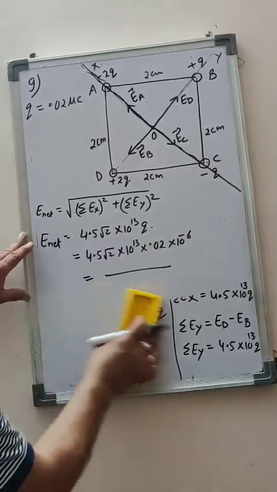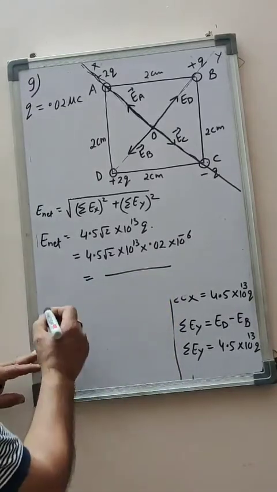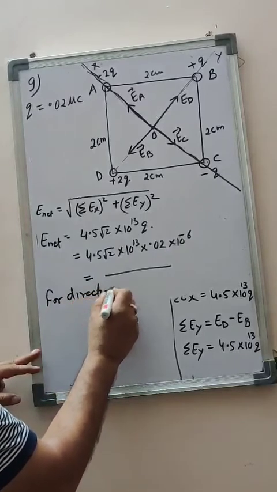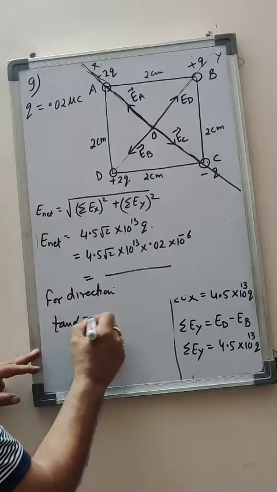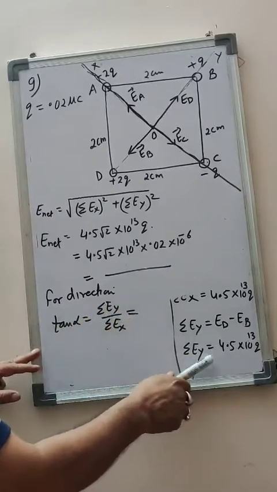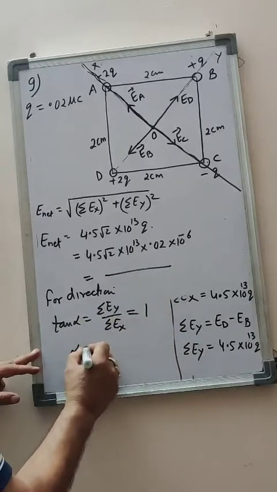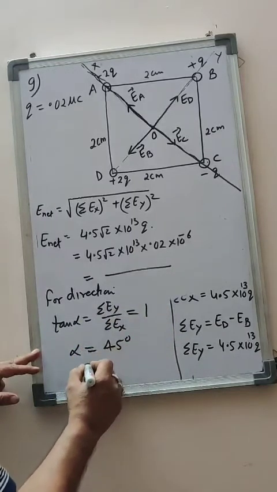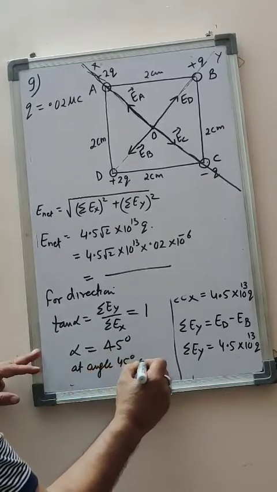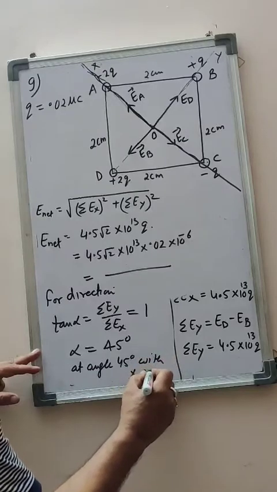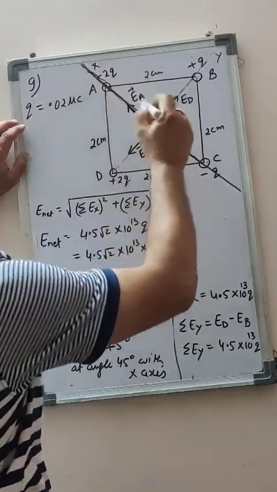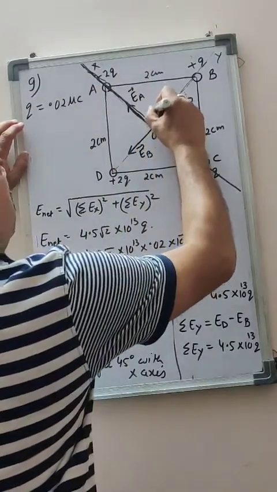And for direction, tan alpha is equal to sigma Ey upon sigma Ex, and both values are equal, so it will be 1, so alpha is 45 degree. So at an angle 45 degree with x-axis, as I have told you earlier, this we have considered x-axis, so net field will be in this direction.